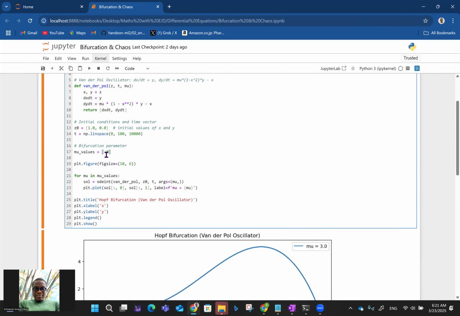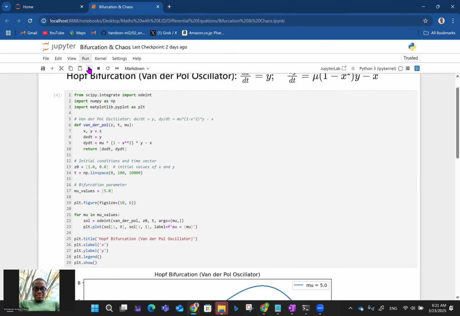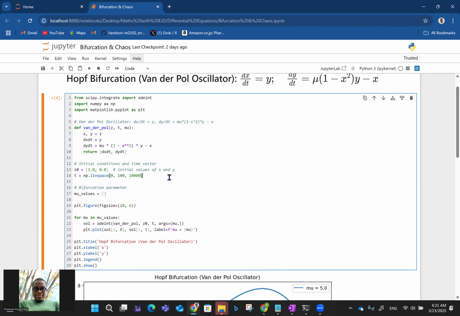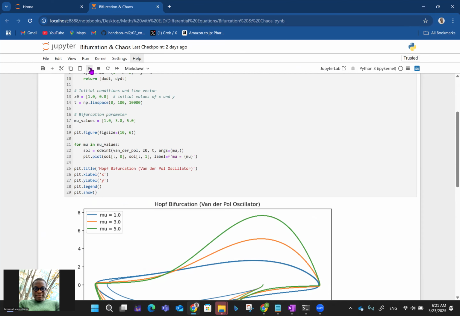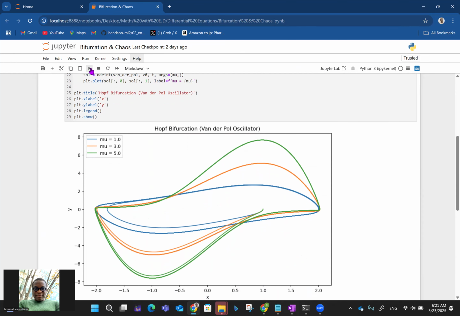And then we have 5 now. But let's have the three together, it's more appreciated. So we have everything together. When mu is 1, you have it in blue. When it's 3, you have it in orange.